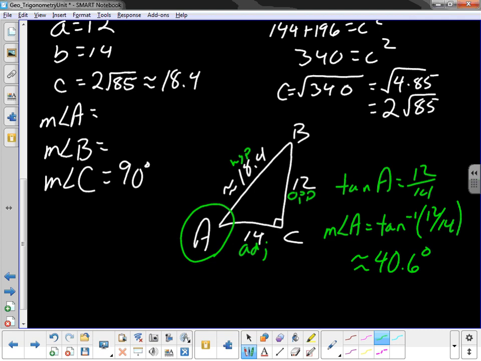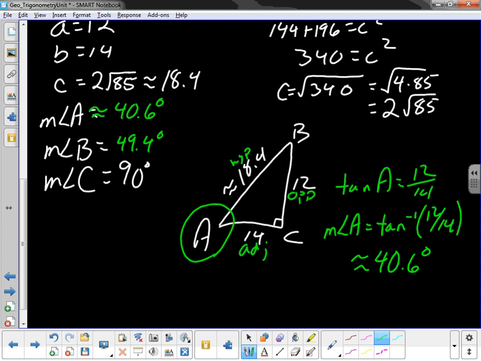So the measure of angle A is around 40.6 degrees, which means the measure of angle B is around 49.4 degrees. And I did that just by subtracting 40.6 from 90. You could also do the arctangent of 14 divided by 12, and if I round that to the tenth spot, I get that same answer.